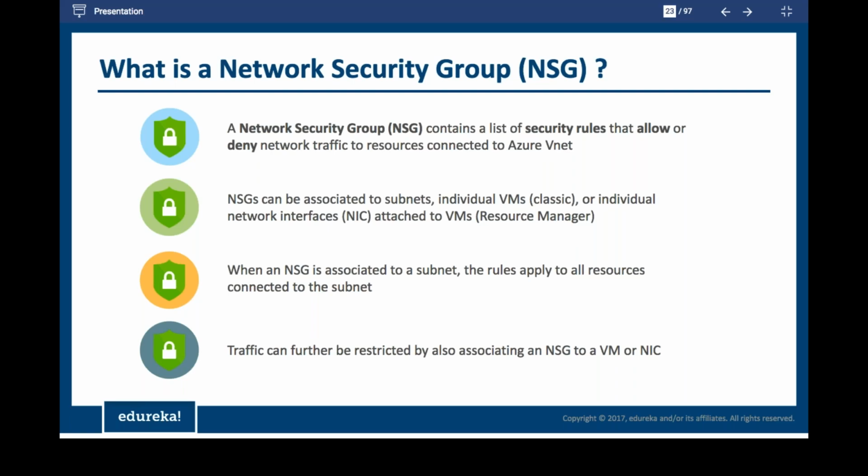When a network security group is associated to the subnet, the rules will apply towards all the resources that you would be having on that particular subnet. And the traffic can further be restricted by also associating a network security group with a virtual machine. So commonly it is about either to allow the connection or to deny the connection. That's it.